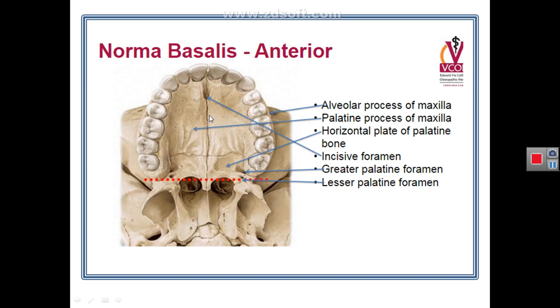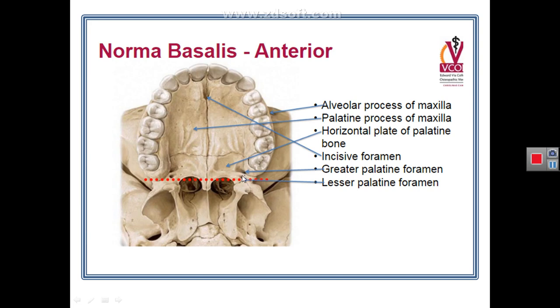The anterior end of the intermaxillary suture contains a fossa which is called the incisive fossa that lies behind the incisor teeth, and this incisive fossa contains incisive foramina. Also, behind the lateral end of the palato-maxillary suture is a big foramen called the greater palatine foramen.